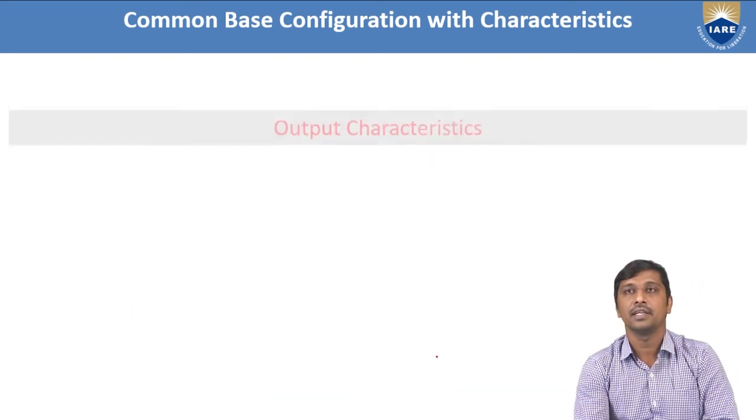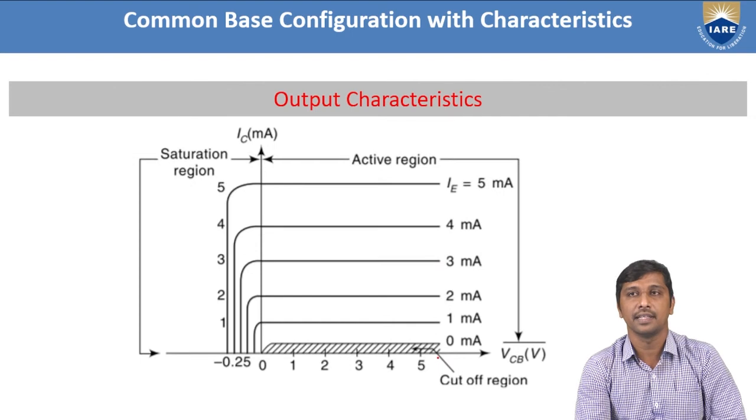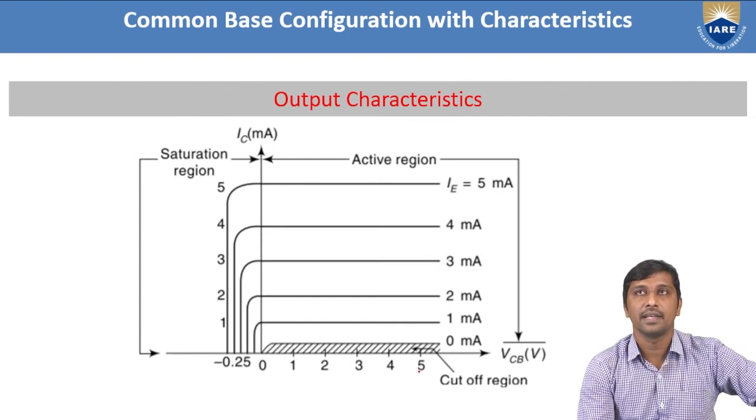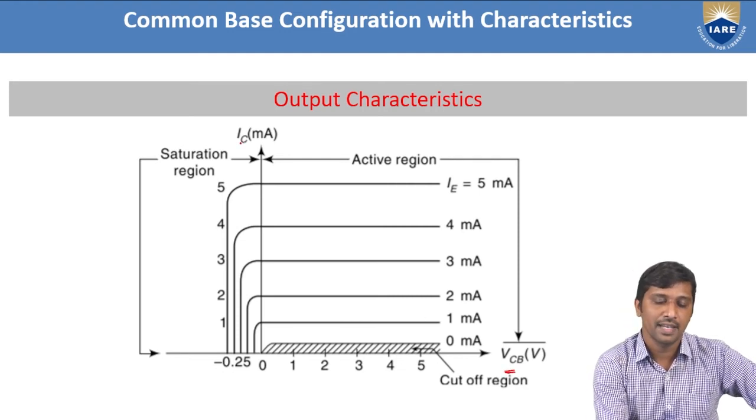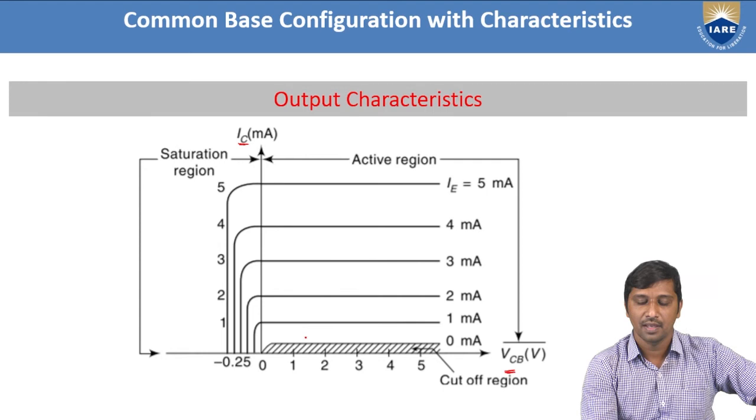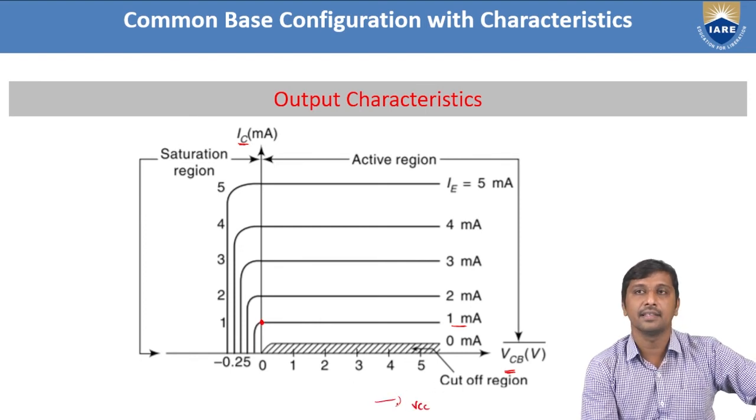From that point, here I have shown the output characteristics of the common base configuration. Let us take the x-axis as VCB and the y-axis as IC. By keeping IE constant, suppose I take IE as 1 milliampere, and VCC increases, meaning the biasing increases.